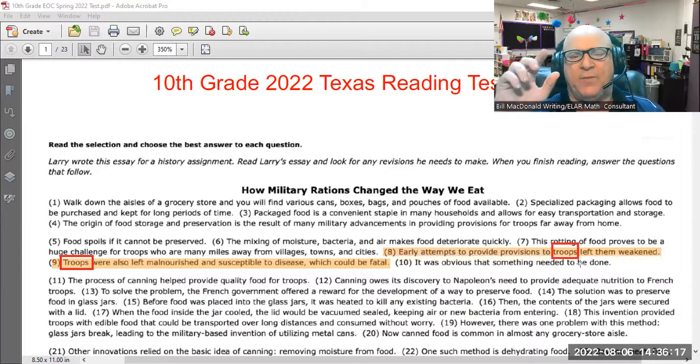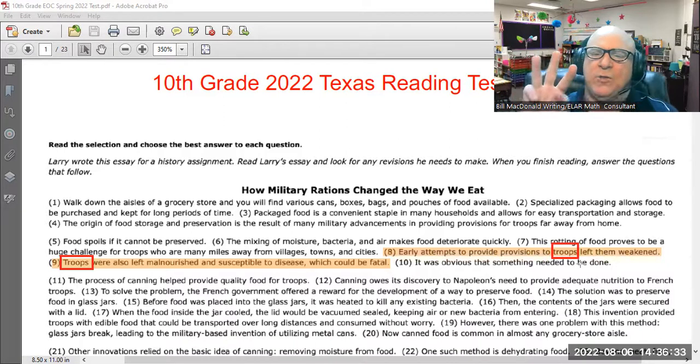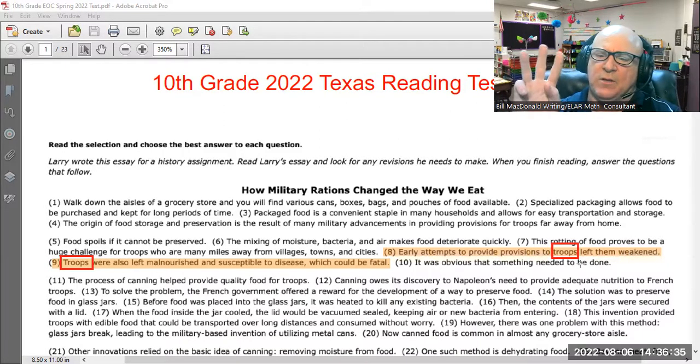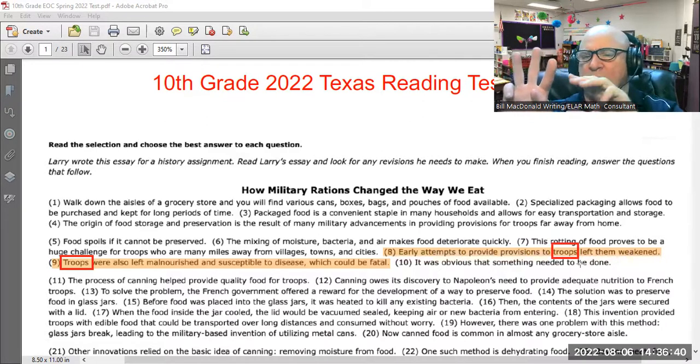If I write P for passage and Q for question, P for passage would say repetition on troops. We're also left malnourished and susceptible to disease. So if I hold up 3 fingers, I hear 3 things about the troops. They're weakened, comma, malnourished, comma, and susceptible to disease.